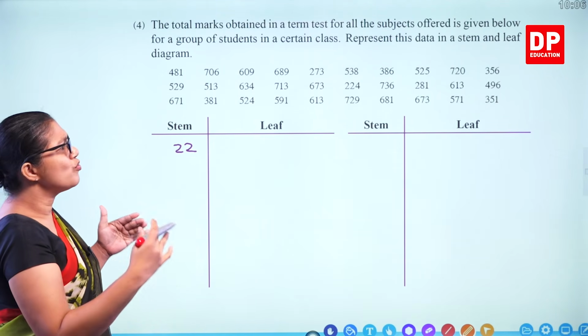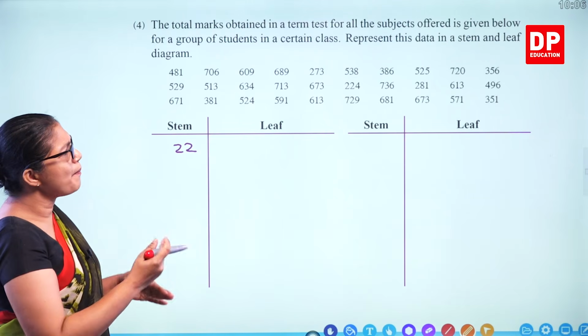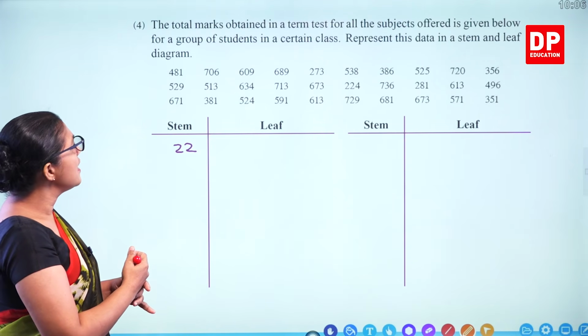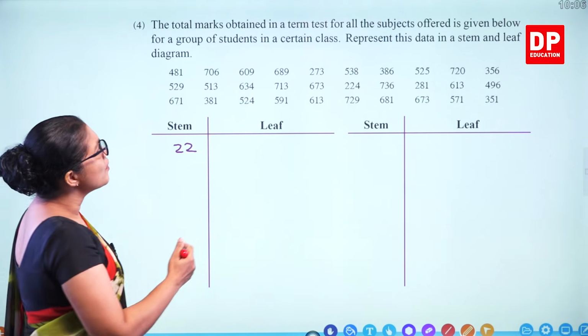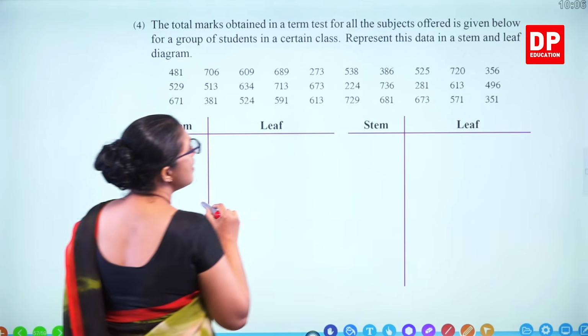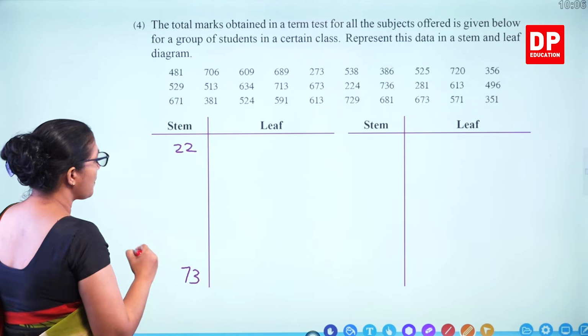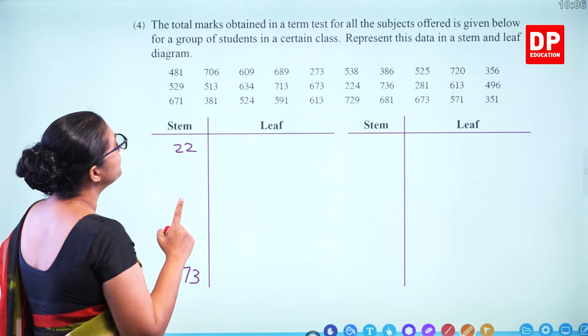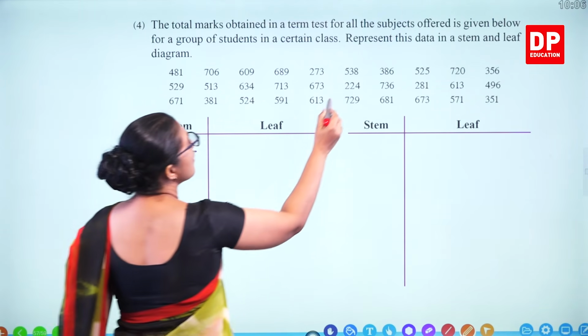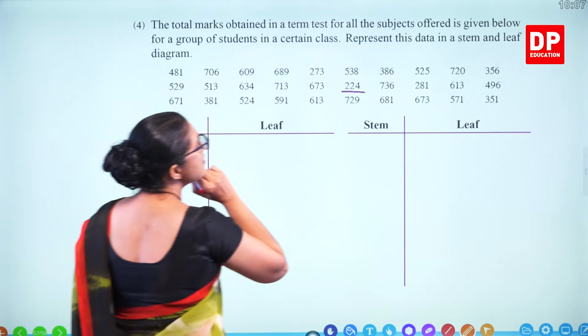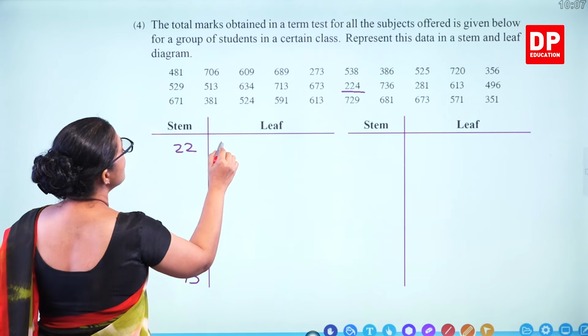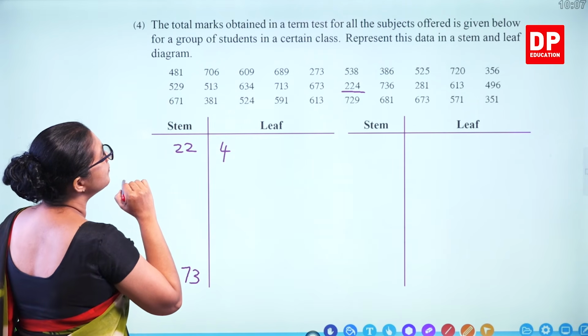It's a lot. So, you don't have to write all the numbers. So, we'll see what the numbers are. So, here 73 is the highest. So, 22. That means this number 22, 4 is there.